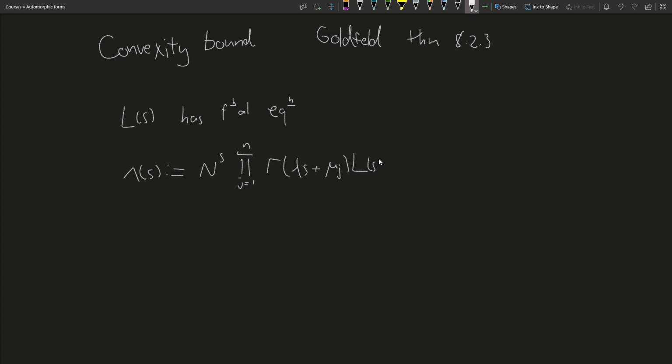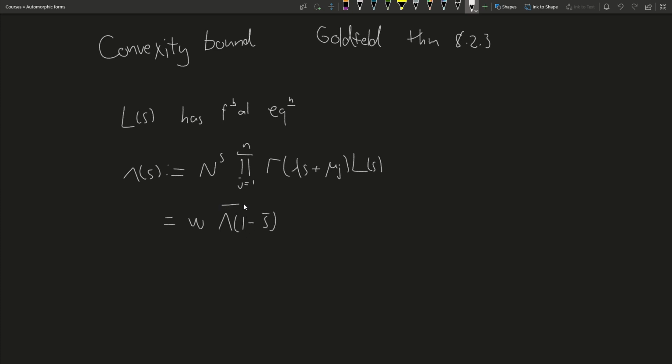This is what we're assuming the functional equation looks like, and then we normalize it, with the analytic normalization for L-functions, so that it goes s to 1 minus s.